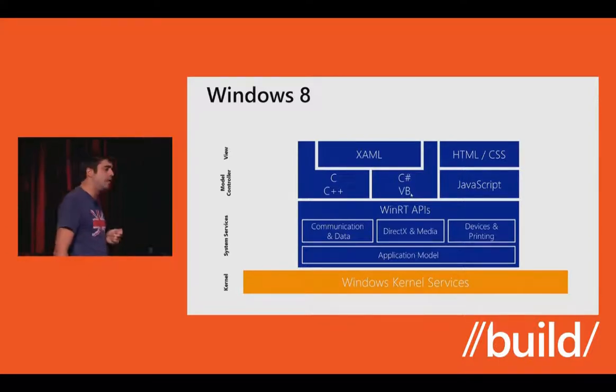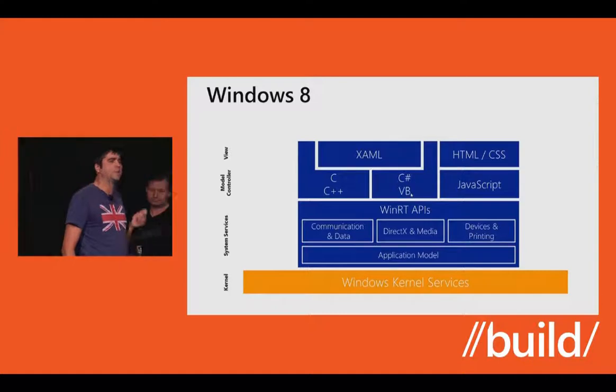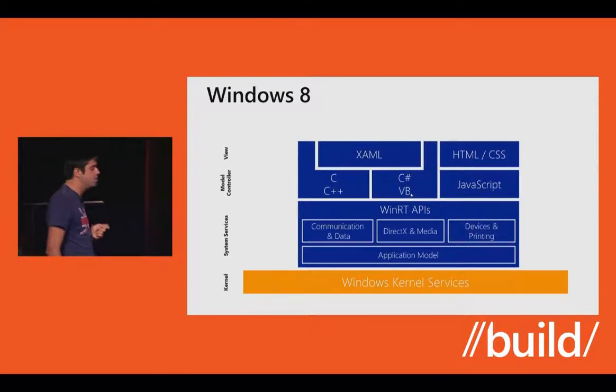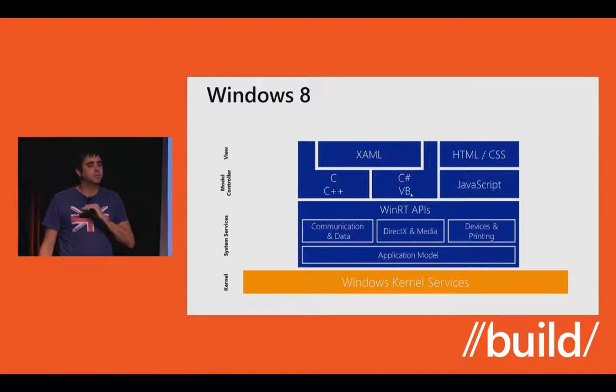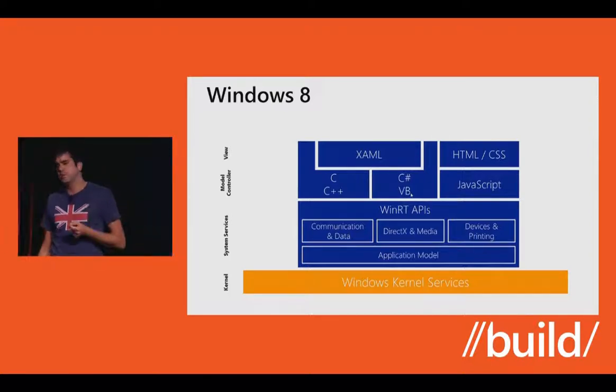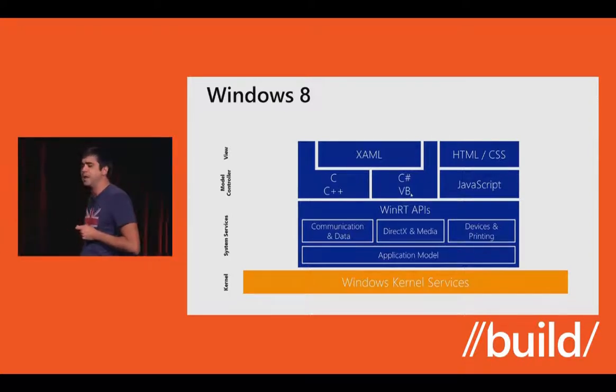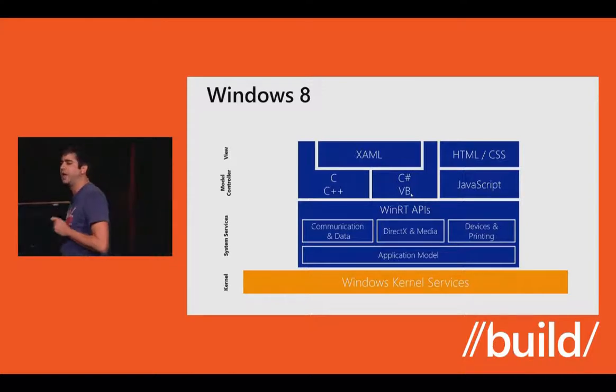Starting with Windows 8, you can actually build a XAML app writing native C++. And when I say XAML, I don't mean the XAML that you've seen before, which was a managed technology. We rebuilt XAML from the ground up to be completely native.